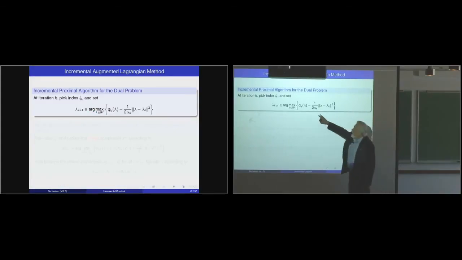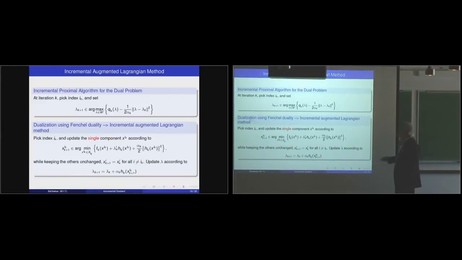Pick an index, do a proximal minimization with the corresponding dual function component. Again, you have the property of maximizing the sum of a concave function, a convex function, and you can dualize this using Fenchel duality. And once you do that, here's the algorithm that you get.